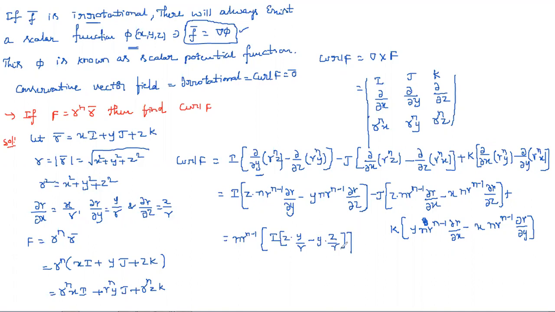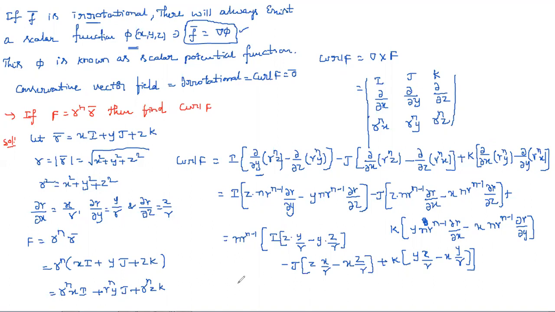And next minus j into z into x by r minus x into z by r, plus k into y into x by r minus x into y by r, and a whole thing.